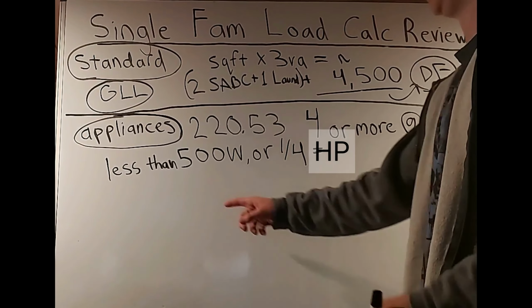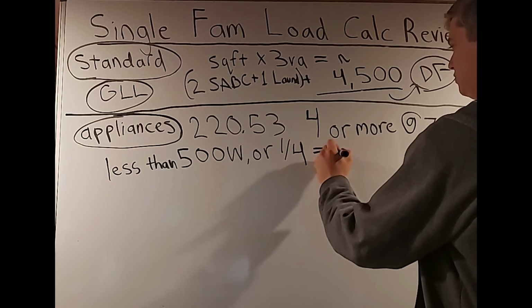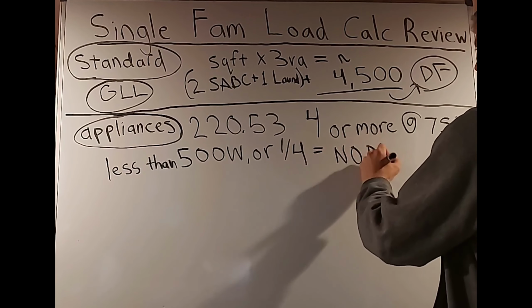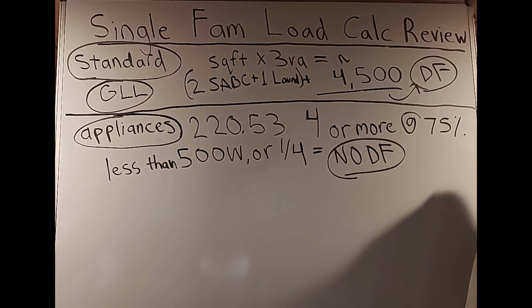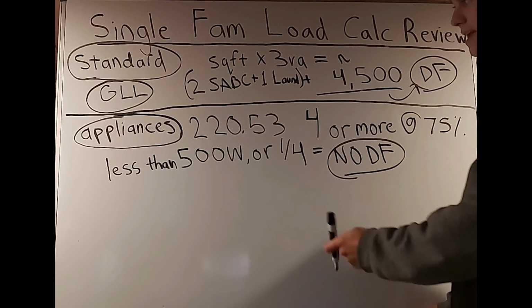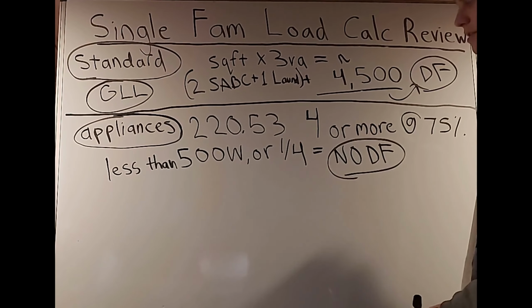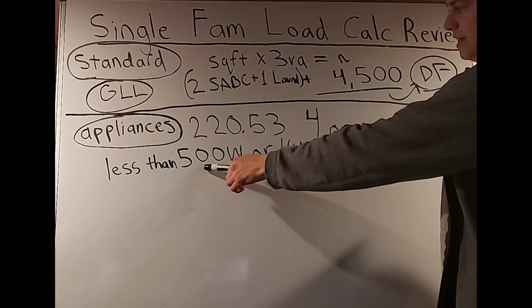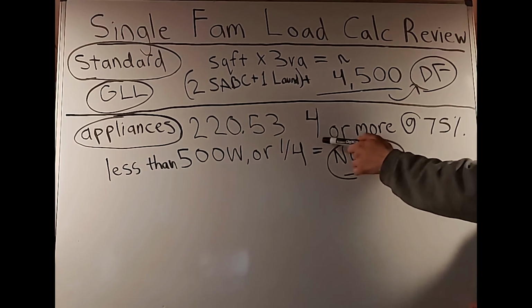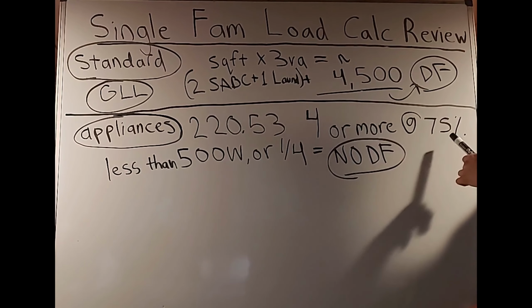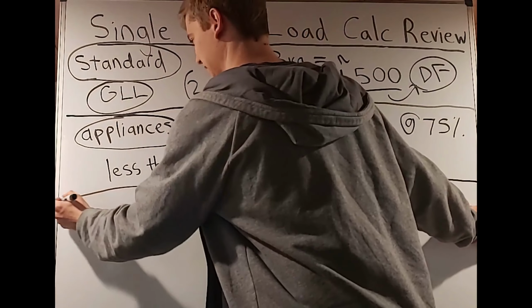This means that if you have appliances less than 500 watts or a quarter horsepower, you do not apply the demand factor of 75%. So that's where the difference is. You might have some appliances that are a 6th horsepower or 450 watts. You're going to rate those at 100% regardless of any situation, because those are not going to be affected by the 75% demand factor. Okay, so here I am drawing my next line, separating appliances.